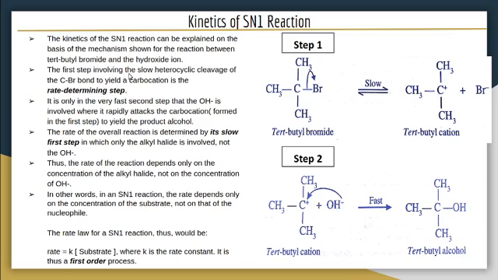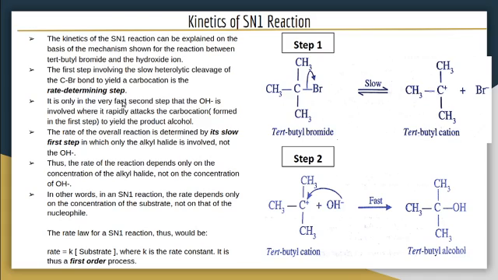The first step involves a slow heterolytic cleavage of the C-Br bond to yield a carbocation, and it is the rate determining step. This is the slow step, that is the rate determining step.